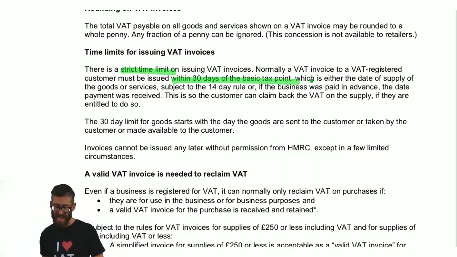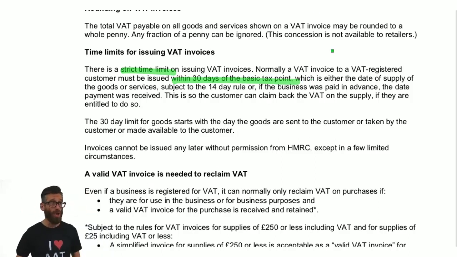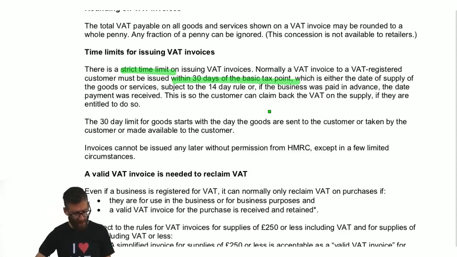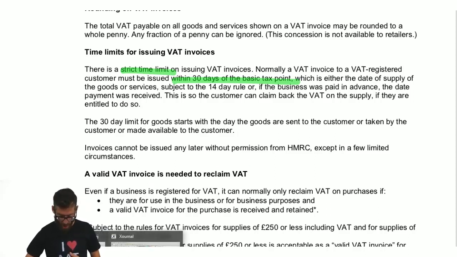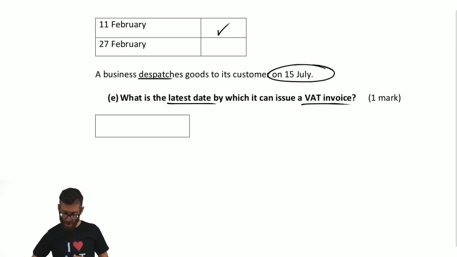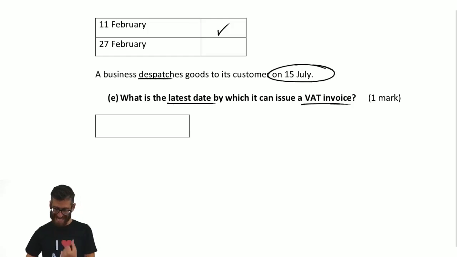The 30 days. So we are looking at a period now of 30 days after, and you have to be very careful here, the 15th of July. There is an exception to this rule, but we're not worried about that. We are just asked, a business dispatches goods to its customer on the 15th of July. What is the latest date?